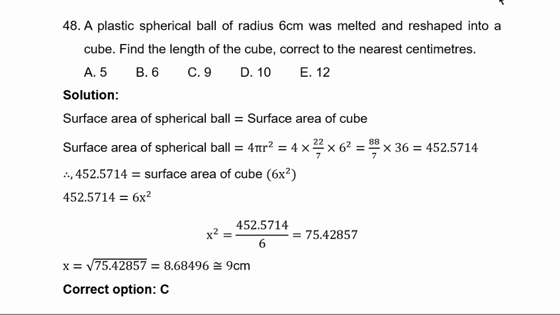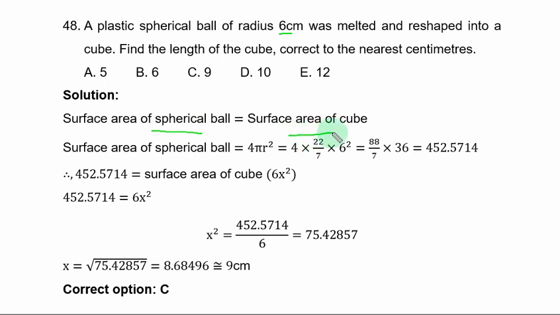Question 48. A plastic spherical ball of radius 6 cm was melted and reshaped into a cube. Find the length of the cube correct to the nearest centimeter. Solution. Surface area of spherical ball is equal to surface area of cube.